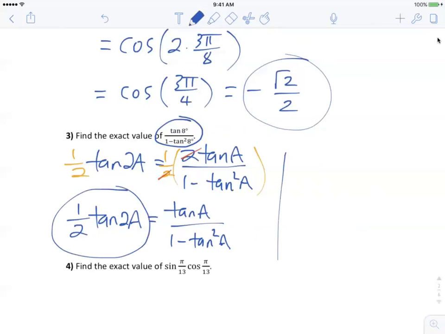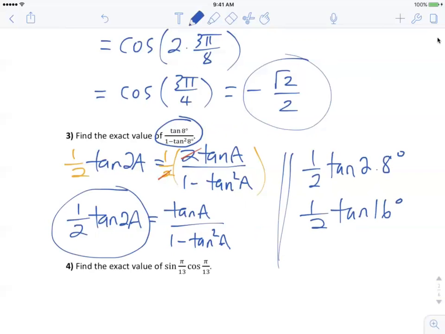Okay, so I have 1/2 tangent 2 times 8 degrees. And 2 times 8 is 16, so I have 1/2 tan 16. Now 16 is not on the unit circle. We want the exact value, so we're just going to stop there. If you can't use the unit circle, just leave it as the expression, and that'll be the answer.